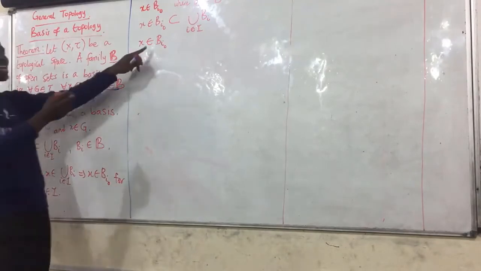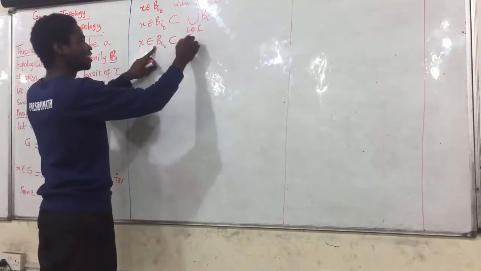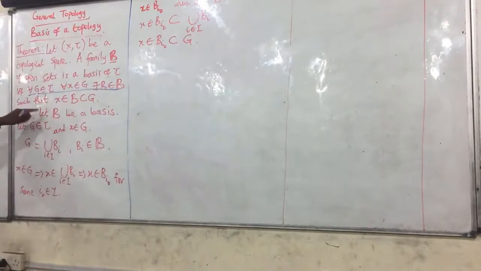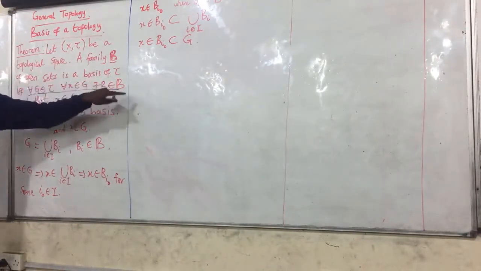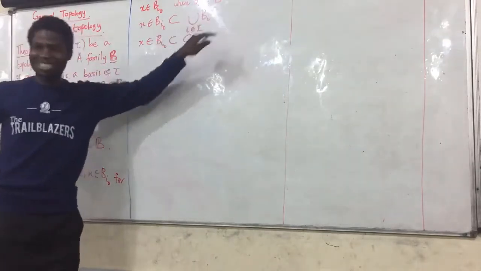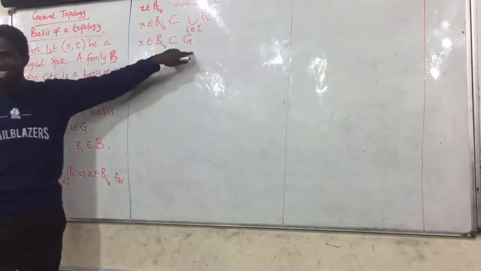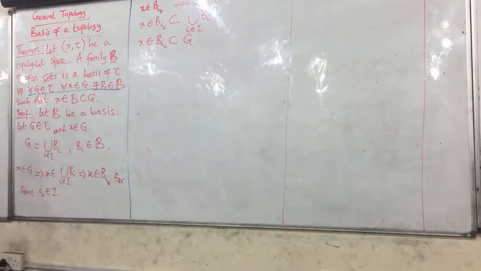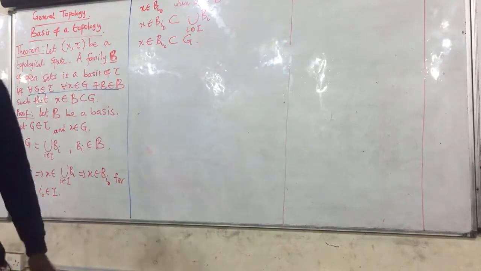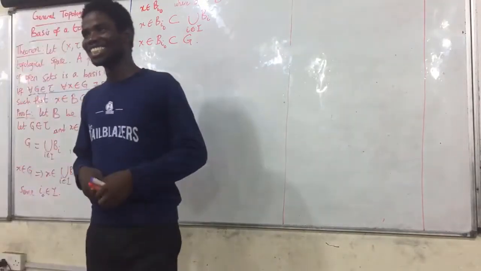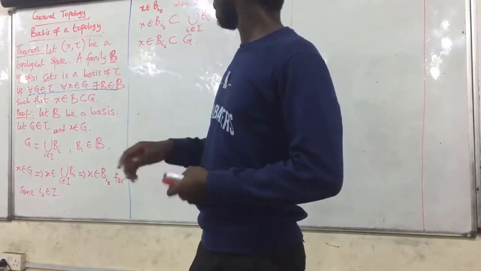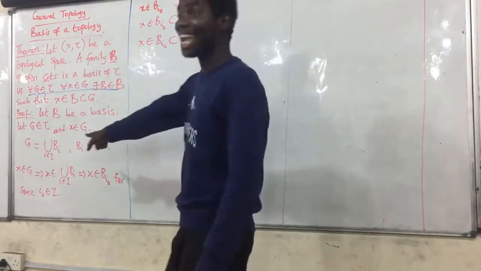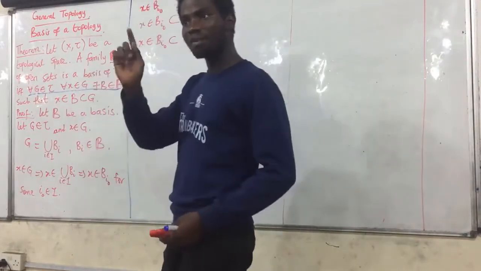It is G. S is inside B_i0 and is inside G. That's what I want to prove, that S is inside G, and this B_i0 must come from the basis. So I'm done. That G equals the union of B_i is standard. That's the definition of a basis.